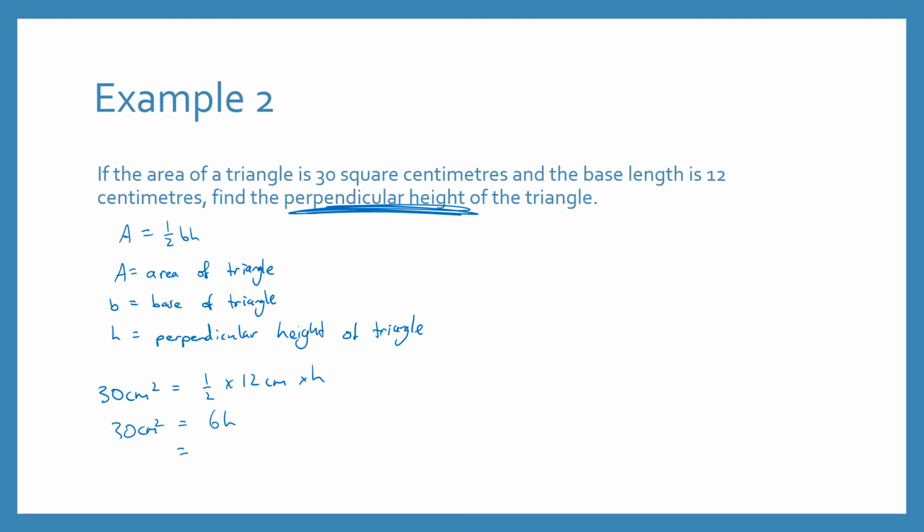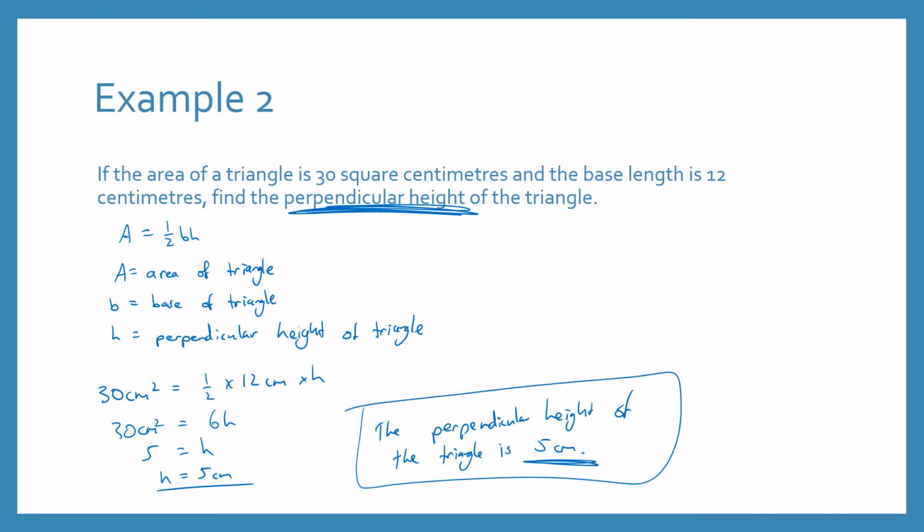We're going to get 5 equals h, and then we can fix that to be 5 equals h centimeters. And then finally we can write the answer. The perpendicular height, and it's important to remember that we write out our full answer when we've been asked in words.